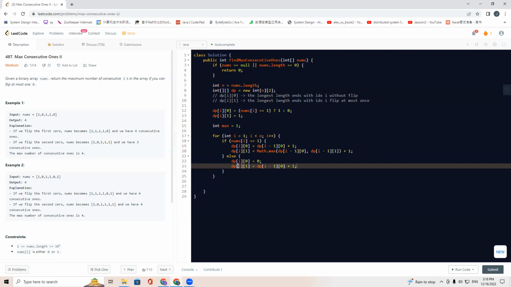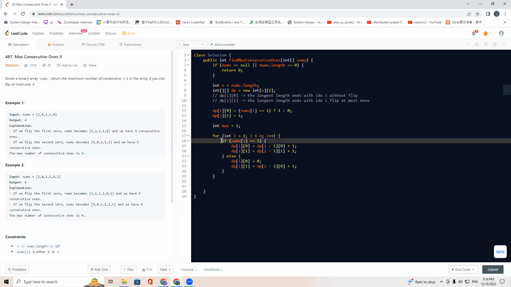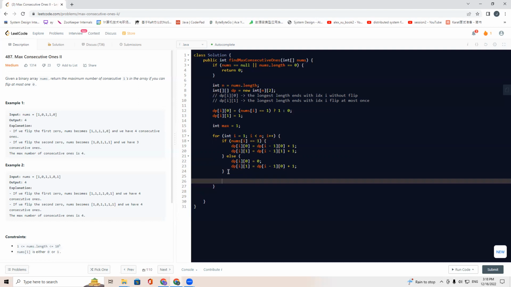We'll find dp[i][1] is always greater than dp[i][0]. So actually, we don't need this max. Every time we get a new dp value, we update the max.